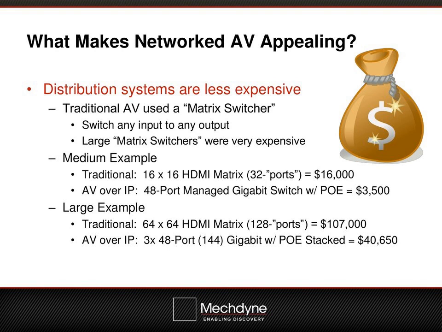You could probably get by with much less money than that on the AV over IP side if you didn't want quite as much stacking bandwidth between the various switches. You could get that maybe down into the $16,000 range or less. So again, you can see the significant savings that can be had by using networked AV, especially for large distributions.